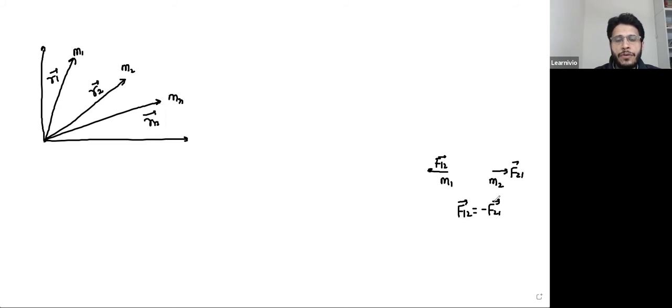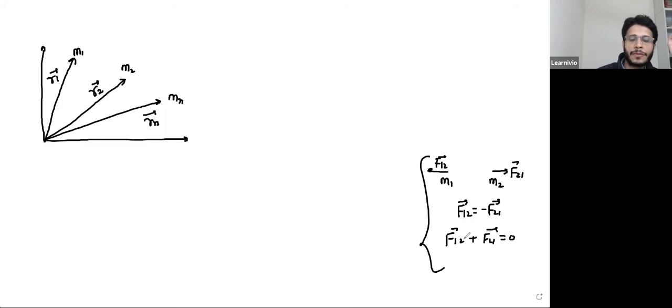If I add them up, then they will cancel out each other. F12 plus F21 will be equal to 0. So due to action and reaction effect, the net force over the system is 0 because individual forces are action and reaction pairs. They just cancel out each other. Is this statement clear? I will use this in this calculation just to prove that only external force can affect the system.